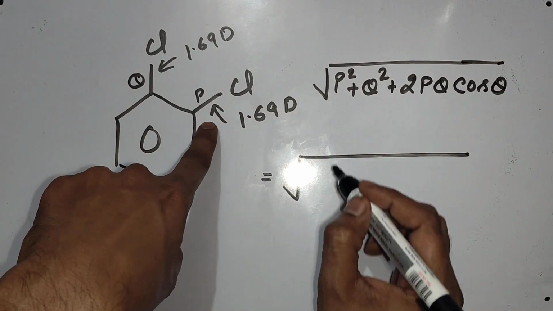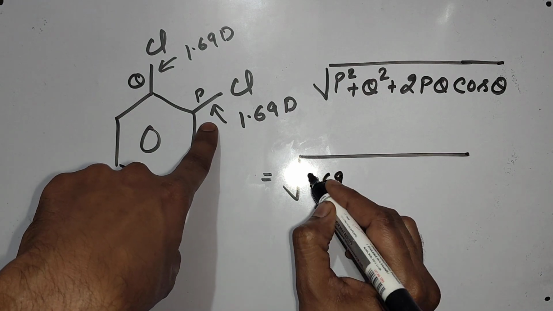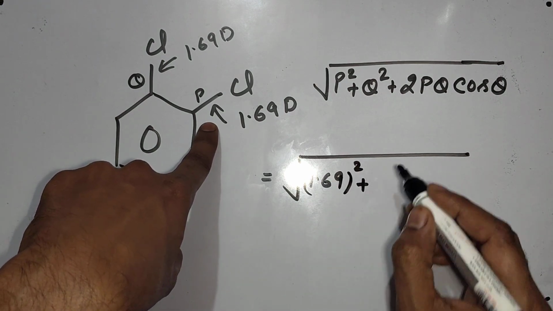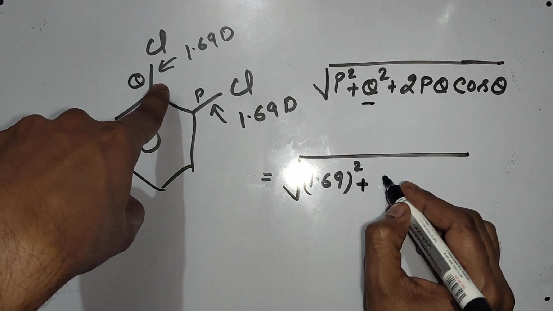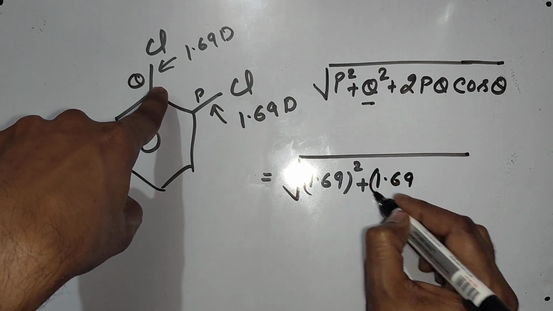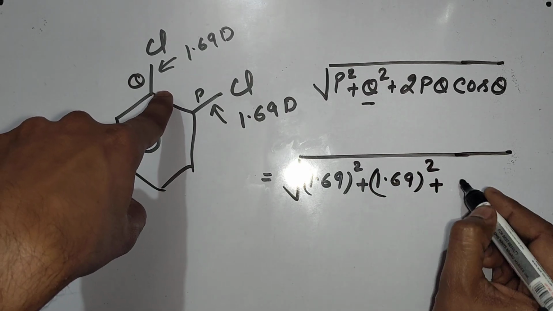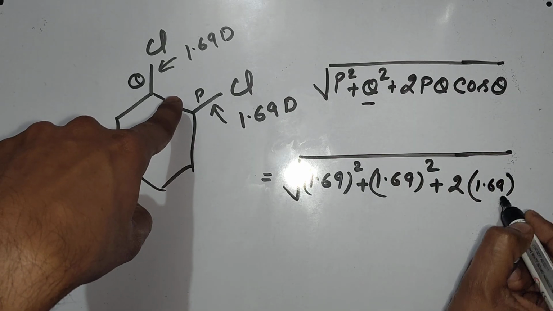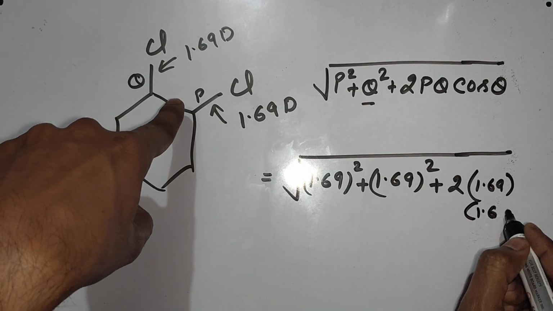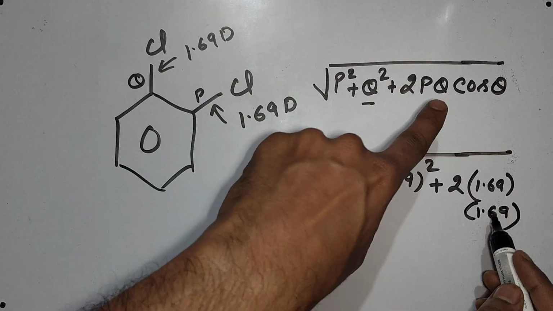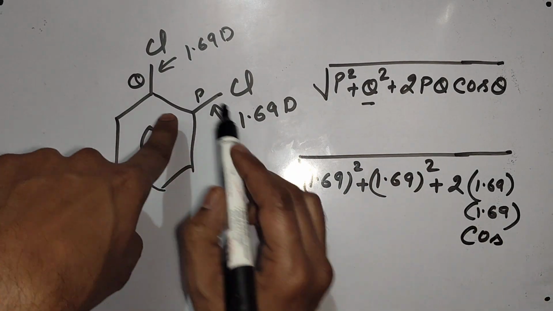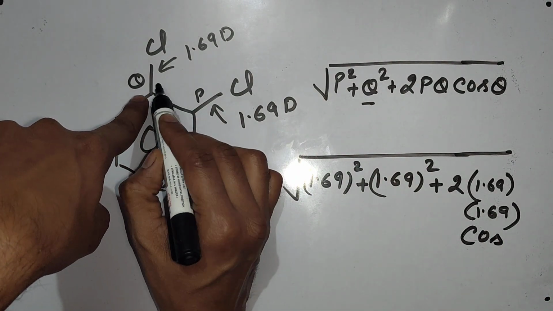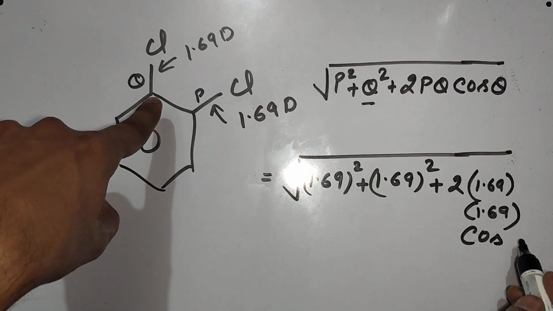So P square, suppose this is P, so 1.69 square, plus Q, suppose this is Q, 1.69 square, plus 2 multiplied by 1.69 multiplied by 1.69 and cos theta. Cos theta will be, in the ortho case, what is the angle between the chlorines? 60 degree.